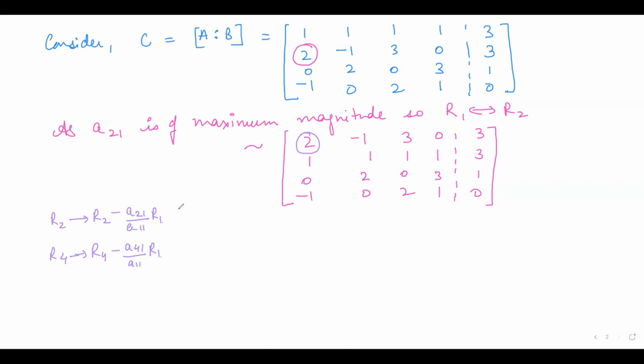When you write this, it is nothing but R2 minus half of row 1, and R4 minus minus 1 upon 2 row 1, so that becomes a plus. Now moving ahead, when you apply the elementary row operations, first row, no change.